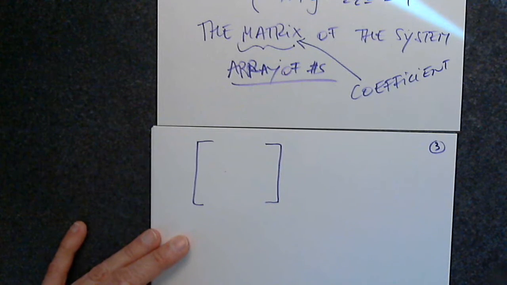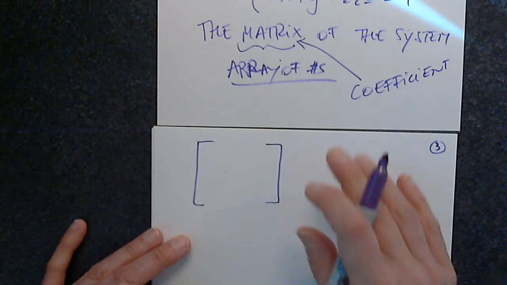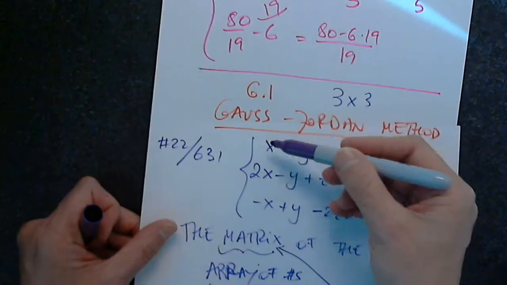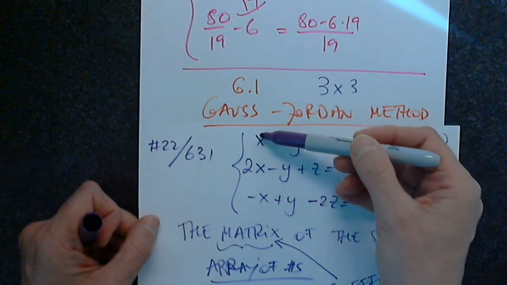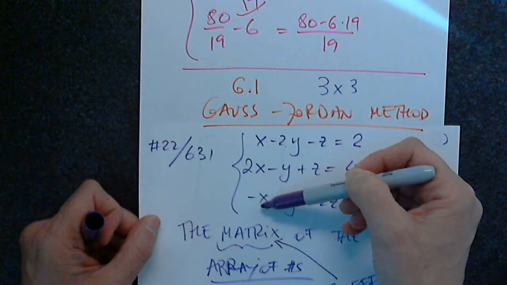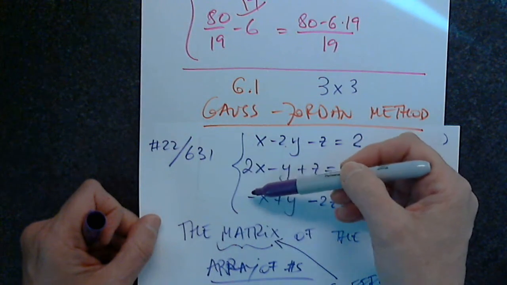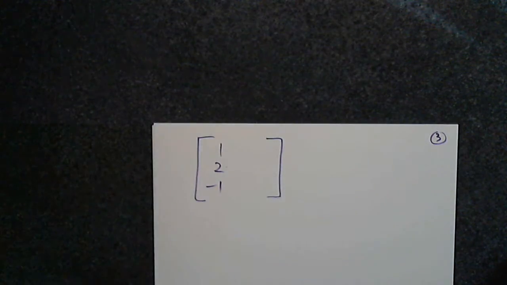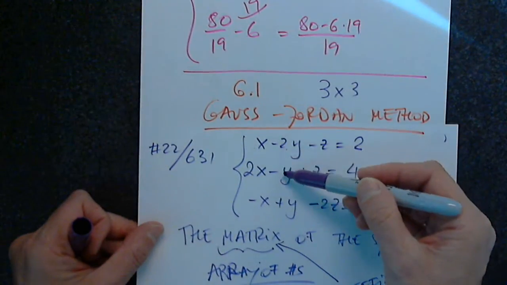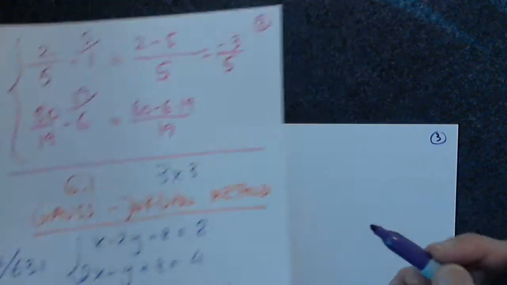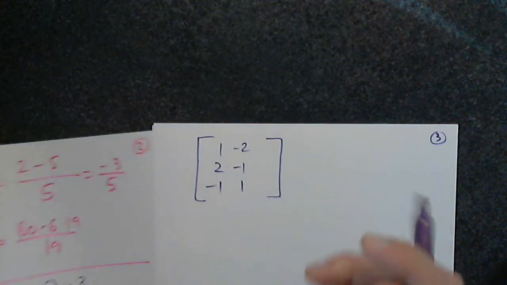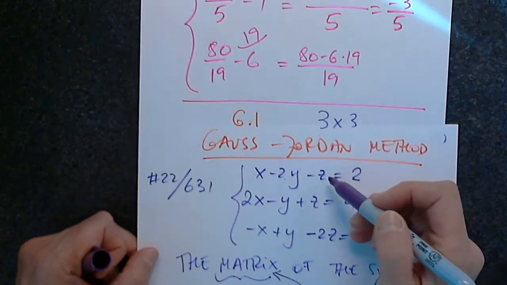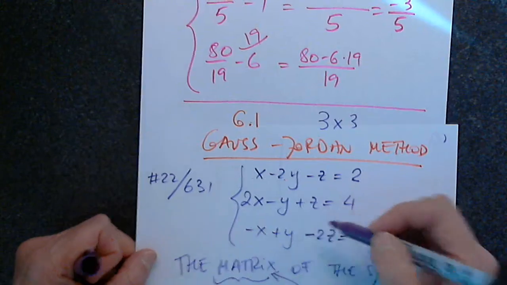These look like brackets. We will have a column of coefficients of x: 1, 2, negative 1. We will have a column with coefficients of y: negative 2, negative 1, 1. And we will have a column with coefficients for z: negative 1, 1, negative 2.